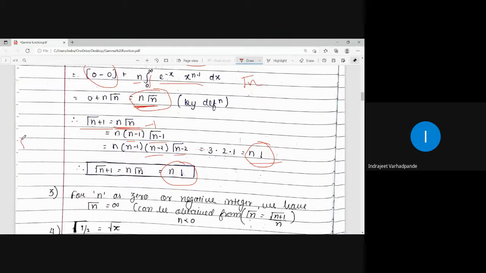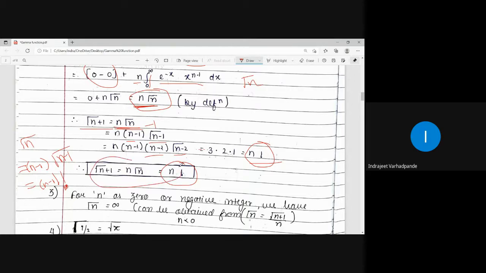So in general, gamma n will be n minus 1 into gamma n minus 1, or it is equal to n minus 1 factorial, because every time splitting the number into the plus 1 form, it is better to consider it as gamma n. Gamma n is n minus 1 factorial, or n minus 1 into gamma n minus 1.